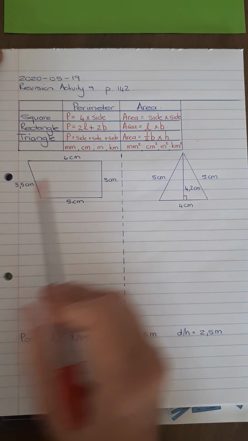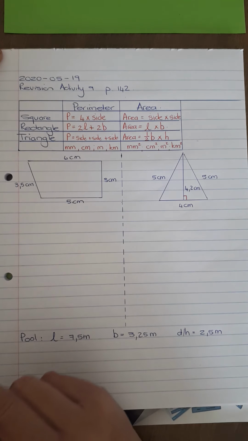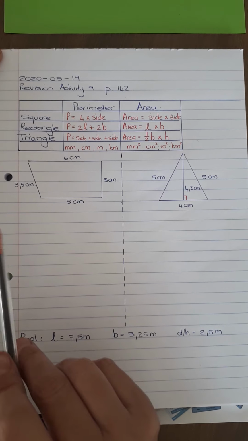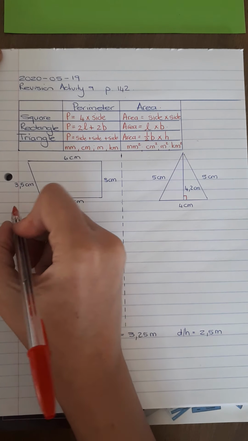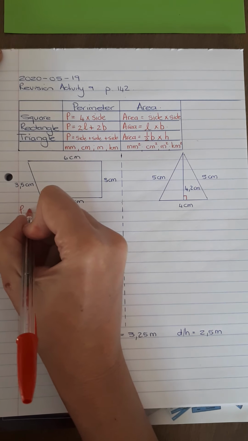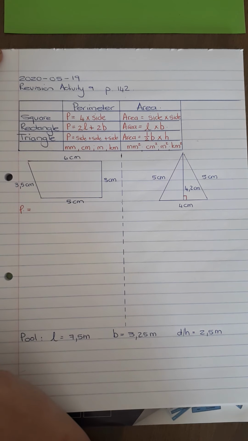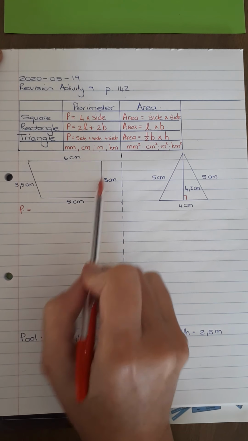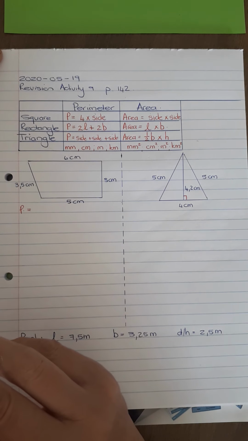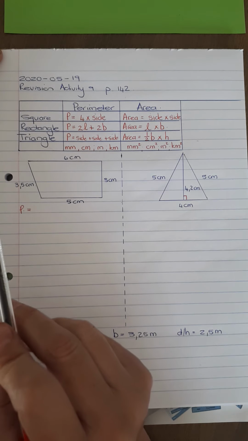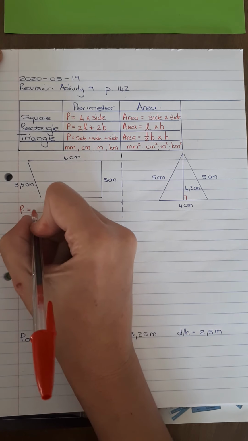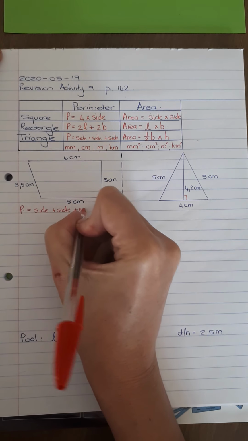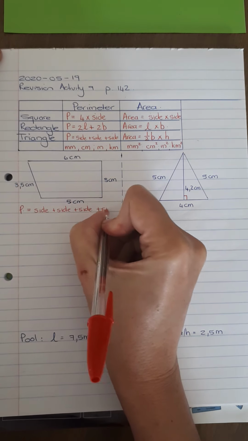Okay, now on this one, they're going to ask you, work out the perimeter and work out the area. So if we work out the perimeter first, we write perimeter equals, we start off with the formula. So perimeter will be, now in this case, because we don't have a rectangle or a square or a triangle, we are just going to say side plus side plus side plus side.